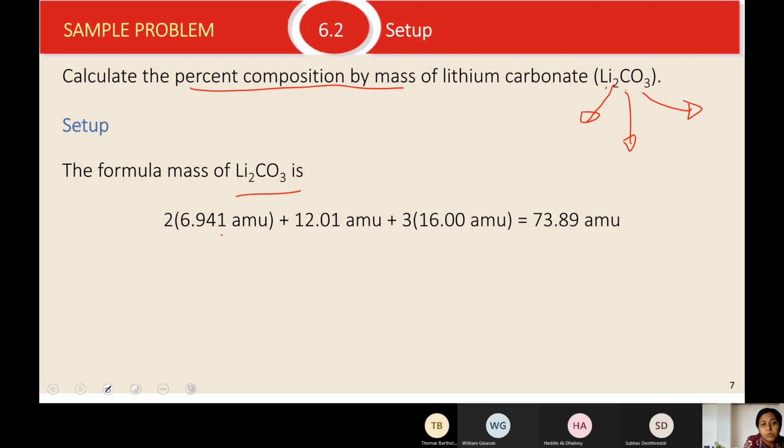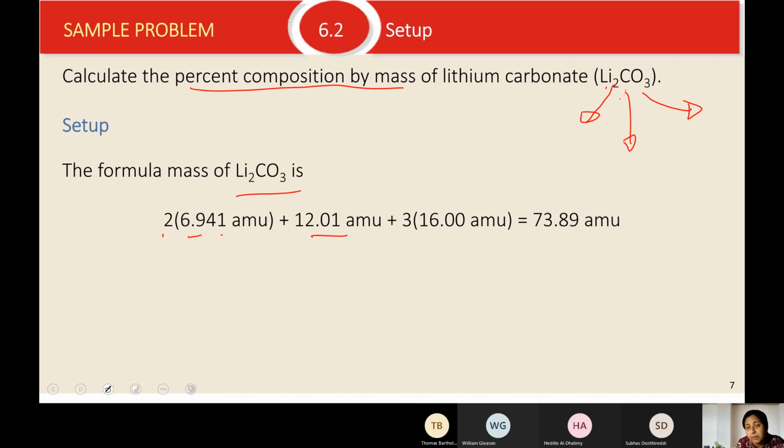The atomic mass of lithium was found as 6.941, and how many lithiums are in lithium carbonate? Yes, there are two, so I multiply 6.941 by 2 and add the atomic mass of carbon, which is 12.01.